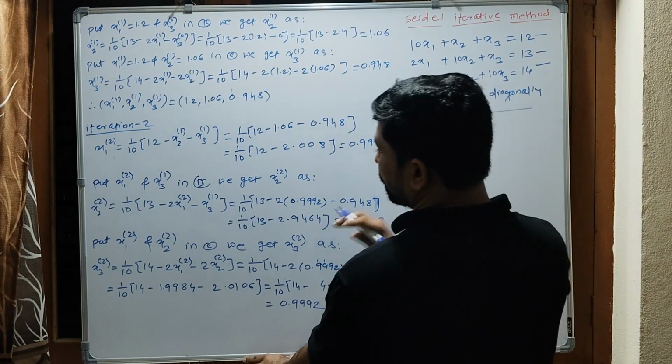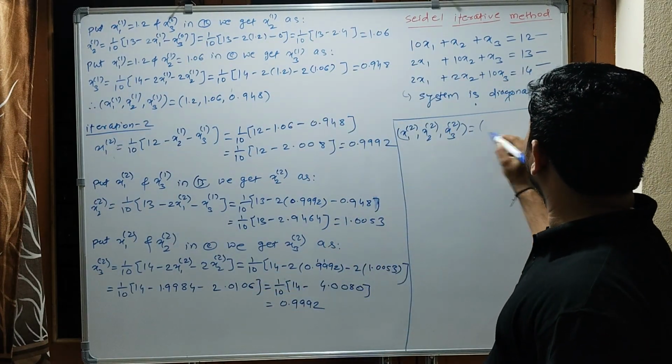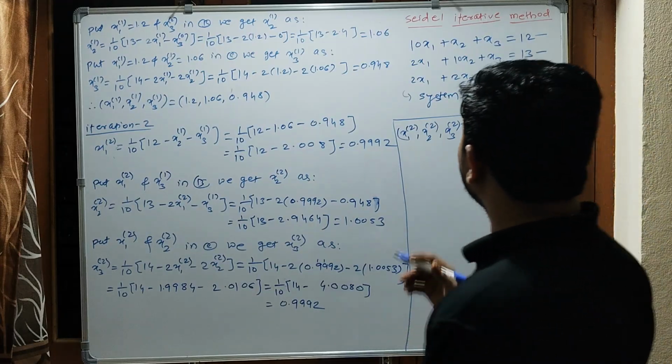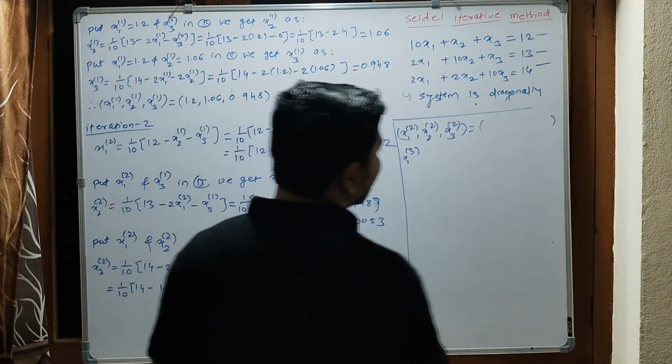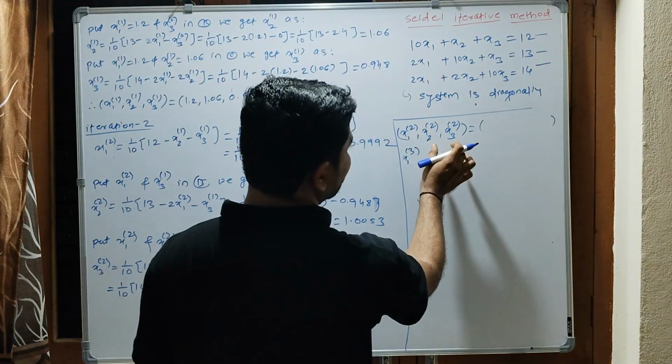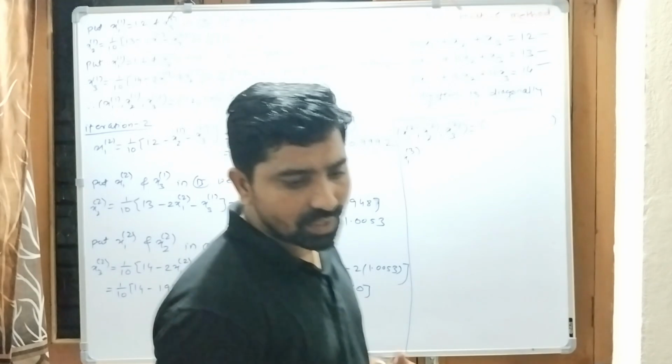So this is my second equation. While finding x1 at 3, I will use x2 at 2 and x3 at 2. Here I am not calculating this value.